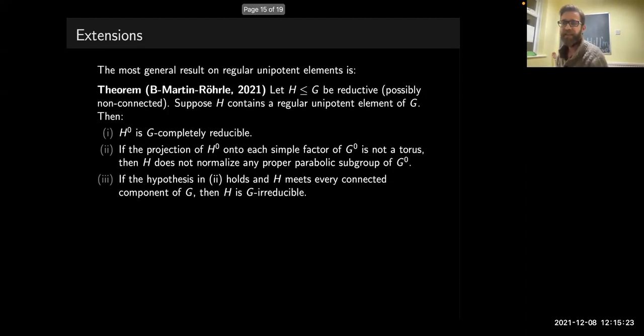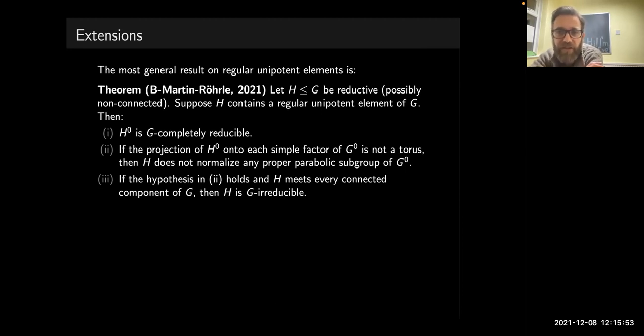Maybe more interesting is that this sort of formalism that I described to you for dealing with parabolics in terms of co-characters works equally well in non-connected groups, and allows us to use essentially the same proof to write down the result on this slide, which is relaxing the conditions on H and G slightly.